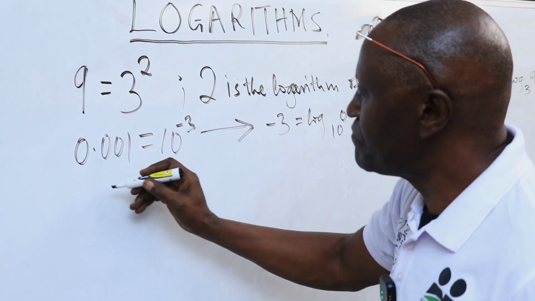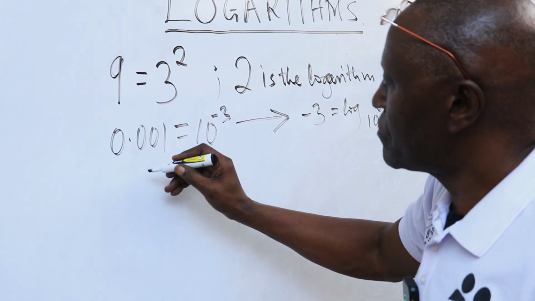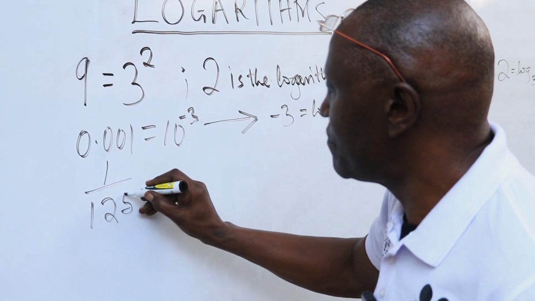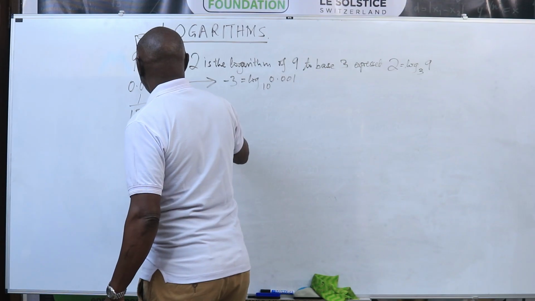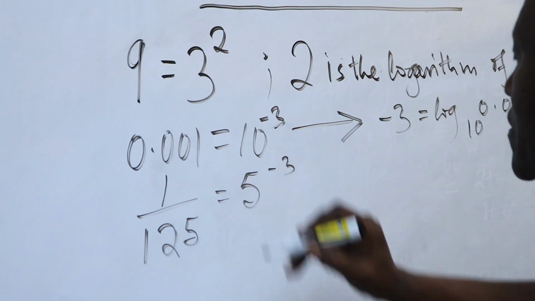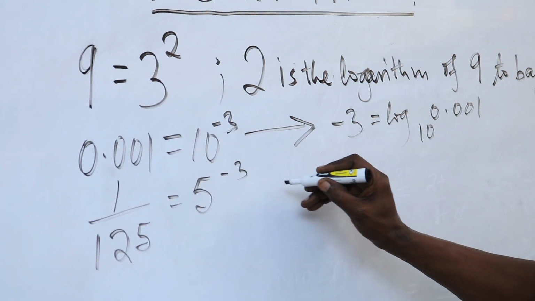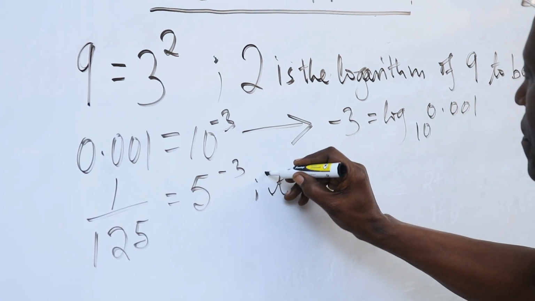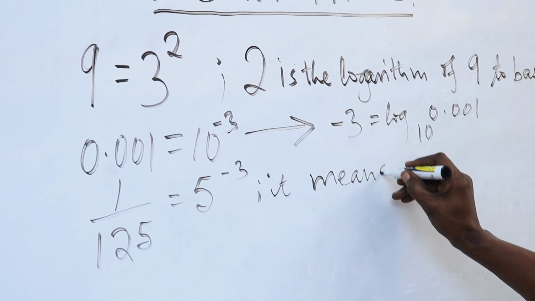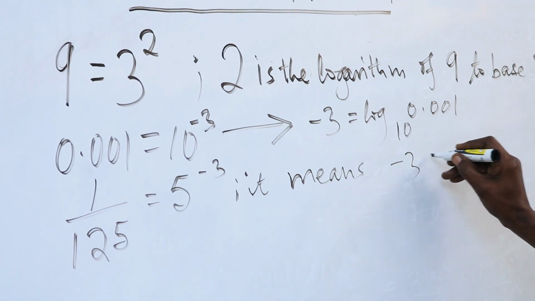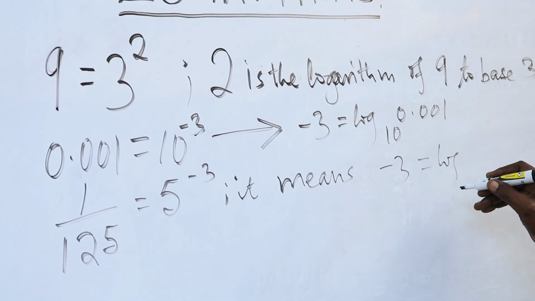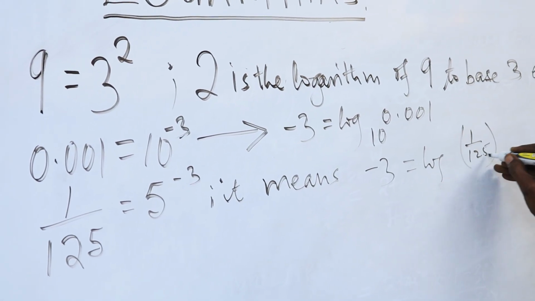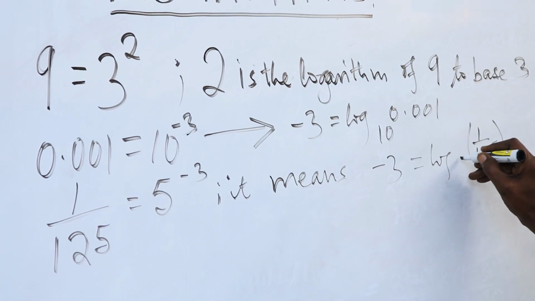Also, 1 over 125 can be written as 5 exponent negative 3. It means negative 3 is equal to the logarithm of 1 over 125 to base 5.